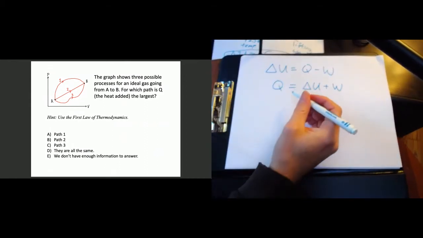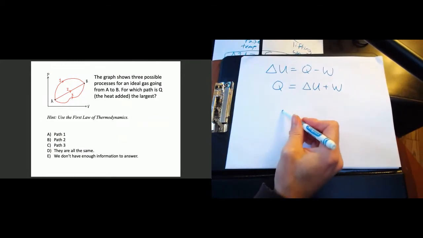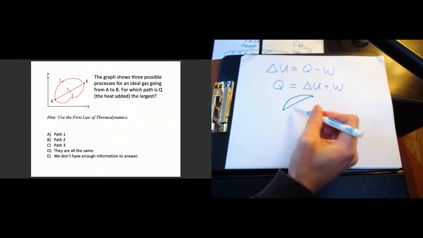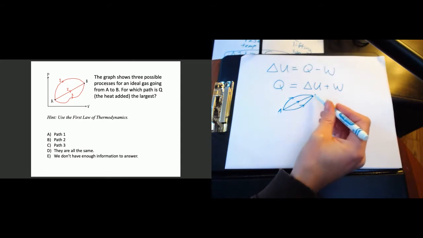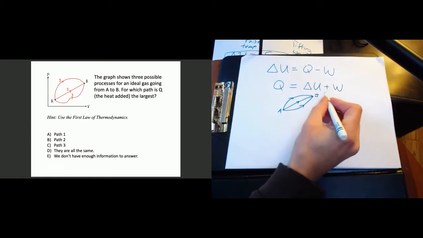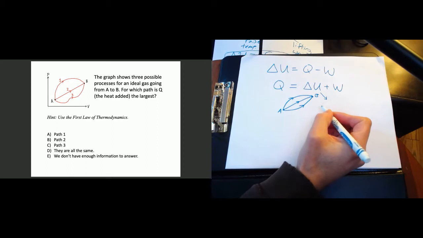And so now there's a couple of important things here. The first one is that in our situation here, we have three different processes, but the initial and final states are the same in all three processes. And so what that's going to mean for us is that delta U is the same for all of them.